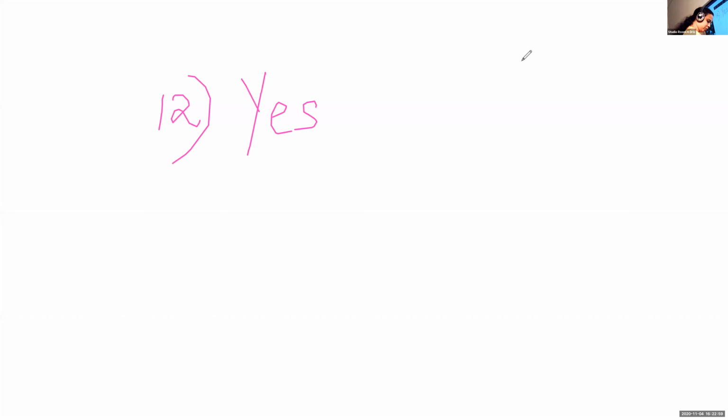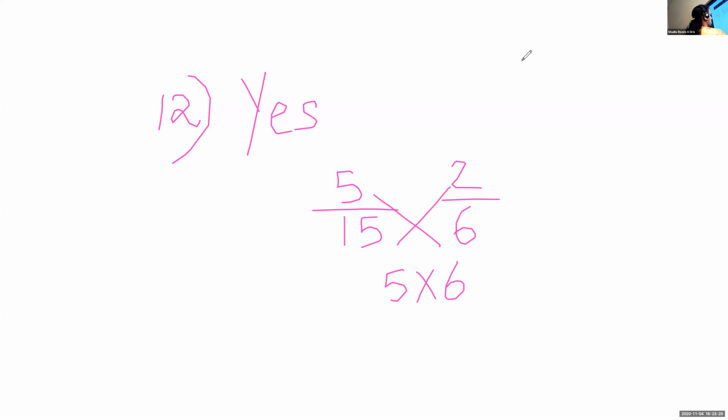If you write the steps, you will get confused. But no problem. You can continue in the same line. The fractions 5 by 15 and 2 by 6. 5 into 6 is equal to 15 multiplied by 2.